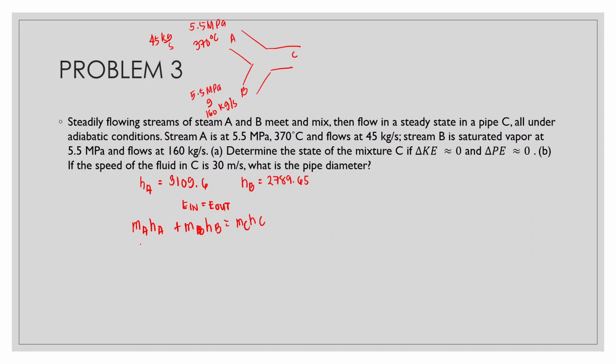Sa A, 45 kilogram per second times HA na 3109.6 plus MB na 160 kilogram per second, tas HB na 2789.65.